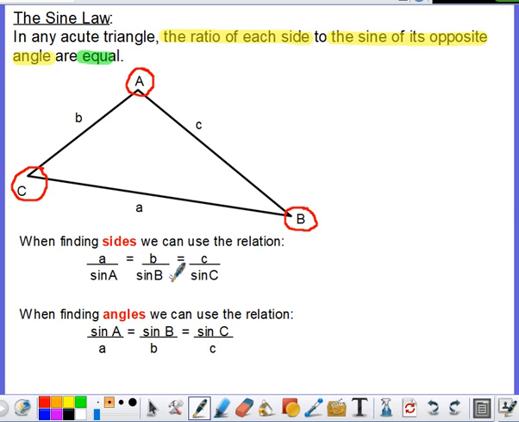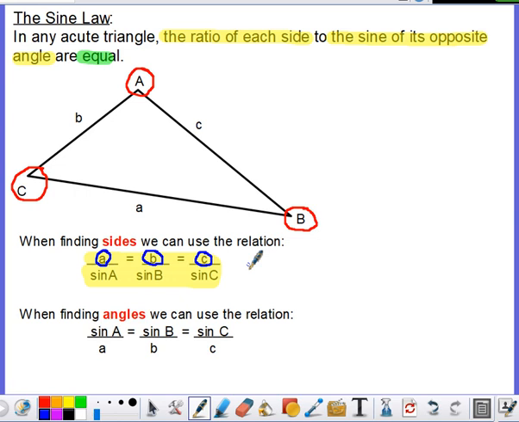Now, when we're solving for side lengths, we often use this form of the sine law. The reason is that if we are solving for a side, it's ideal to have the missing side length as the numerator. As we know from similar triangles, or even from SOHCAHTOA, when the unknown variable is at the denominator, it requires us to flip everything anyway.